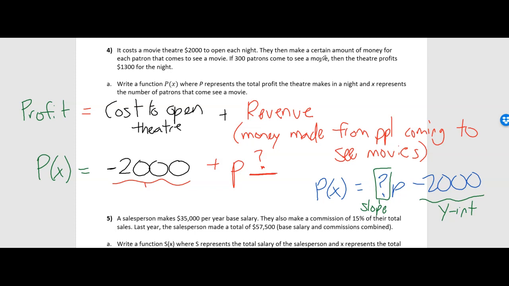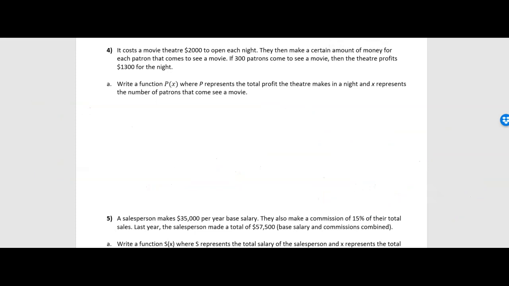Well, let's backtrack. Let's get rid of this. Let's think about what slope represents, right? Slope is change in y over change in x, which is equal to y2 minus y1 all over x2 minus x1. Can I come up with 2 points here that I could substitute into that formula?